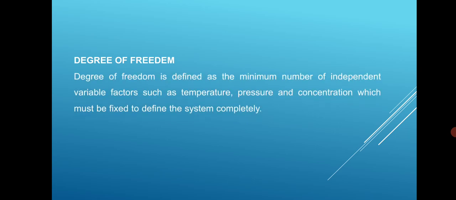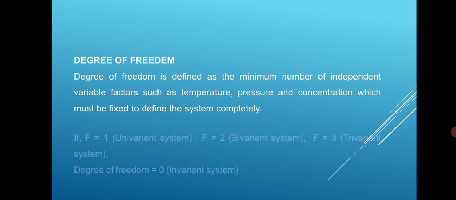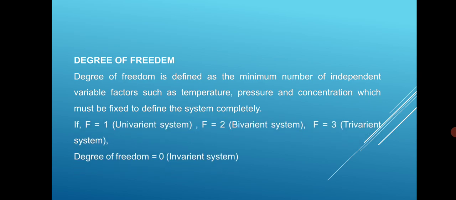Then we move to degree of freedom. Degree of freedom is defined as the minimum number of independent variable factors such as temperature, pressure and concentration, which must be fixed to define the system completely. In order to define the system properly, we need parameters like temperature and pressure.